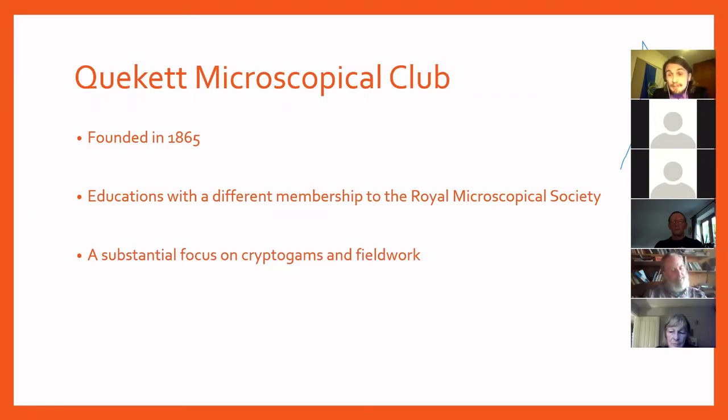It's got a younger, poorer, lower class membership. And it brings them in, and it has a massive focus on training. It has training on identifying fungi within the first year, training on identifying bryophytes. Throughout, it has a substantial focus on cryptogams and fieldwork.